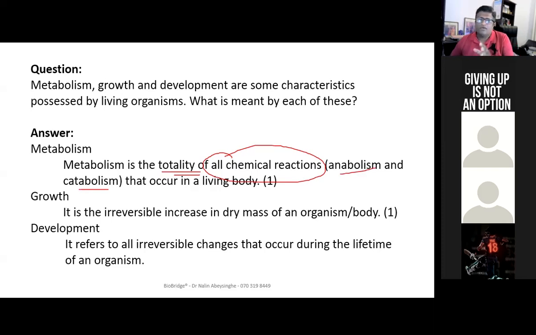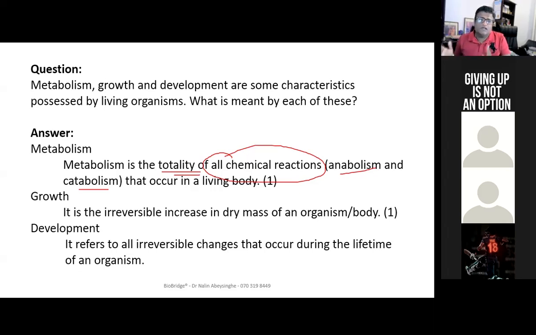Now, remember, don't write extensive stuff in your biology paper. You are not supposed to, and you won't get any additional marks for that. If the expected facts are not there, you won't get any mark at all. Remember that. This is not an arts paper, not about literature or political science or history.